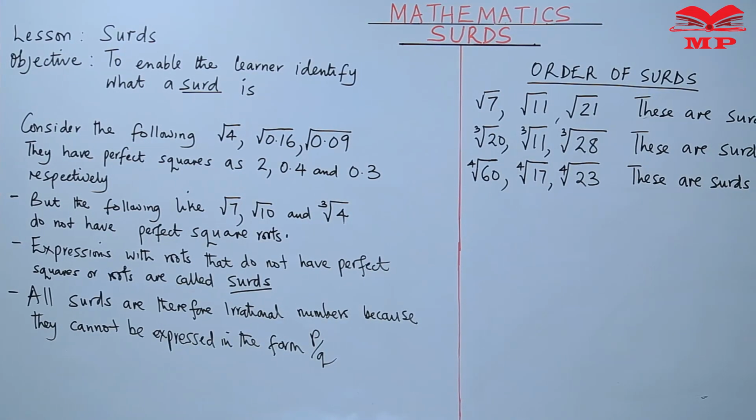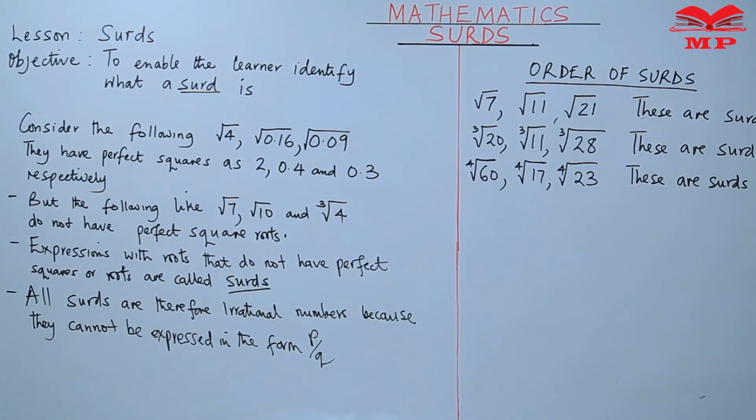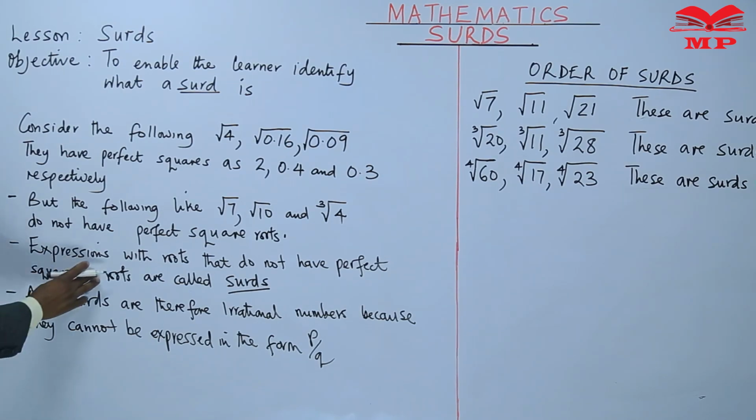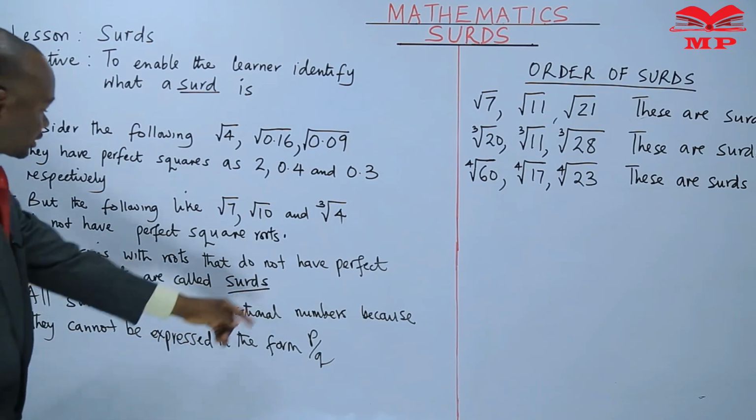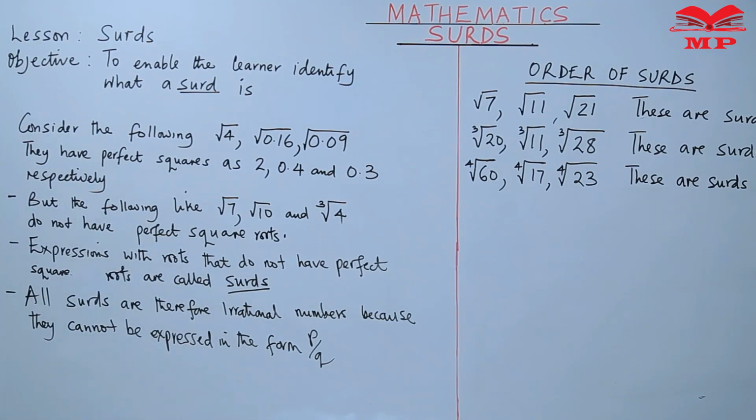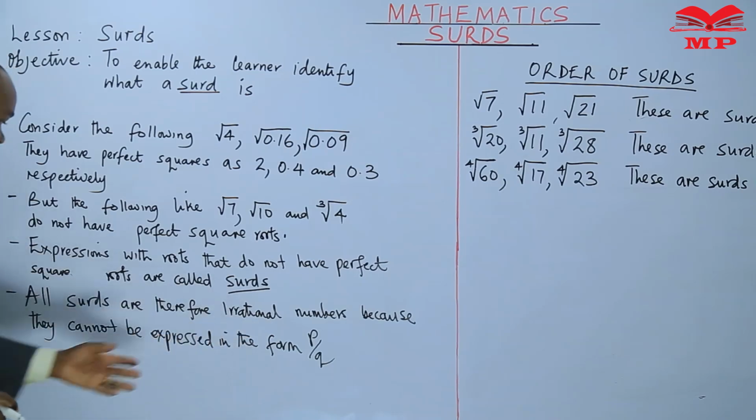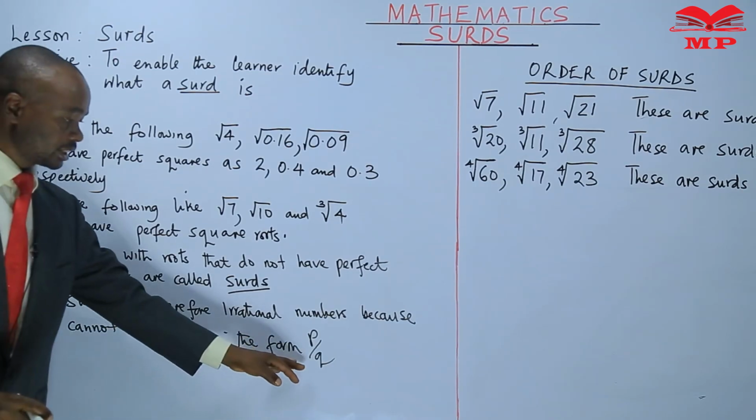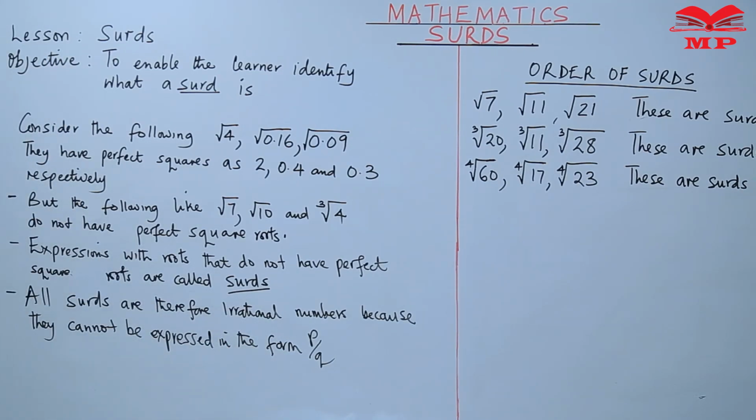Expressions that do not have perfect square roots are called surds. All surds are therefore irrational numbers because they cannot be expressed in the form of P over Q.